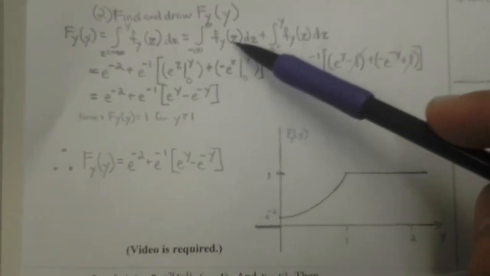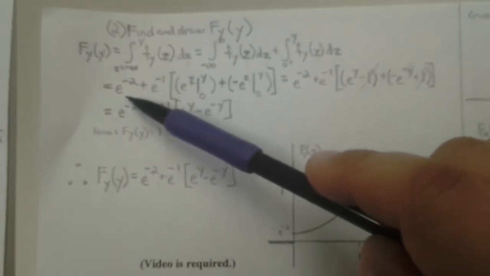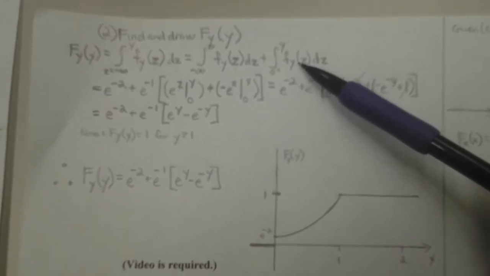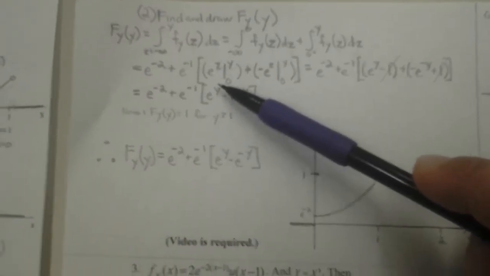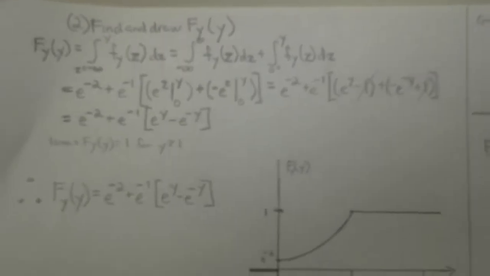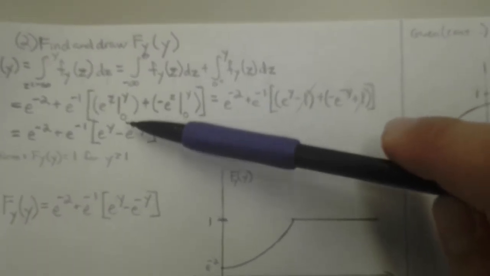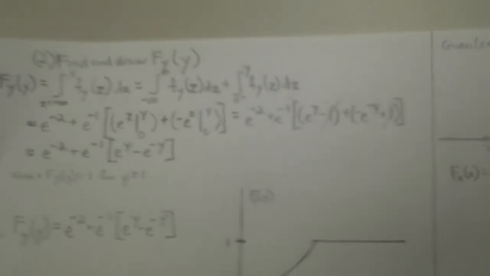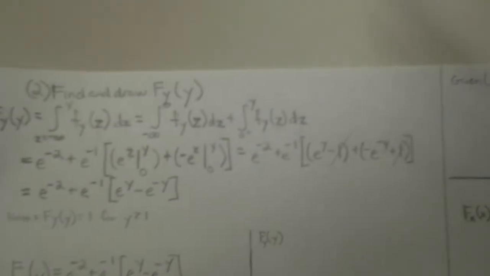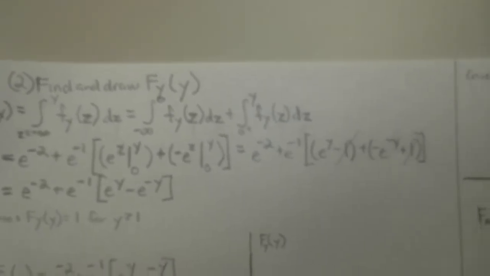So we take this, e to the -2, we got that. We find the integral of our small f of y, which corresponds to basically breaking up this equation right here. We can take out the e to the -1. Then we can break down the integral into e to the z and e to the negative z.